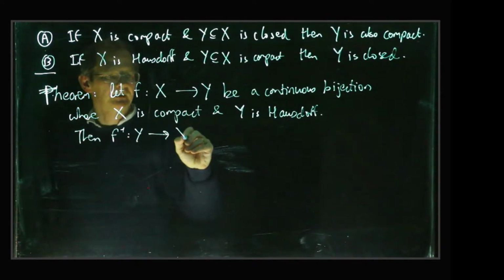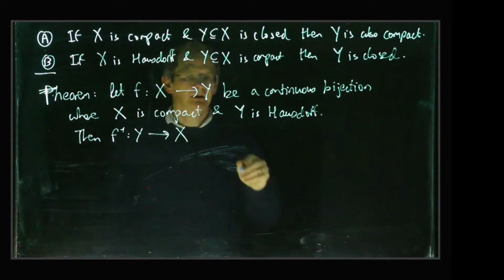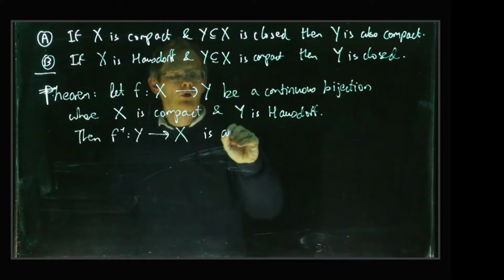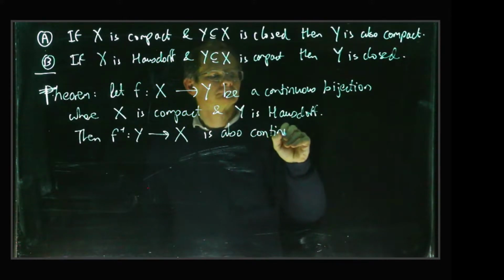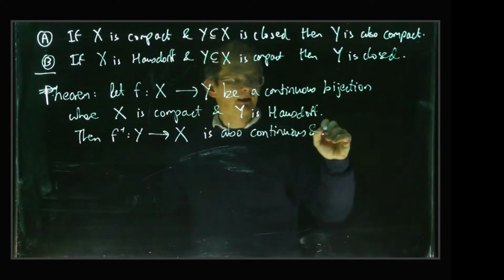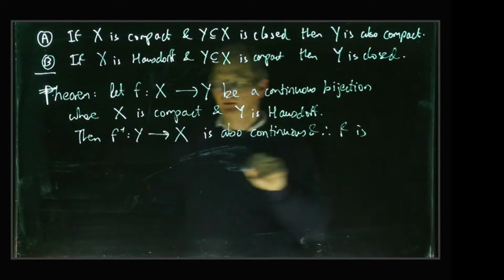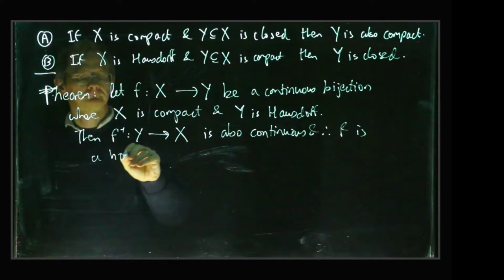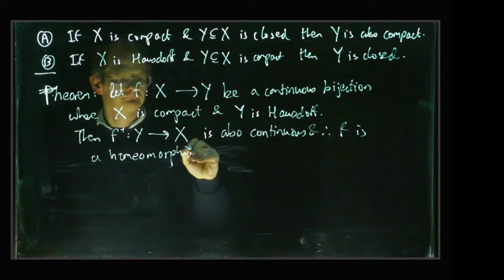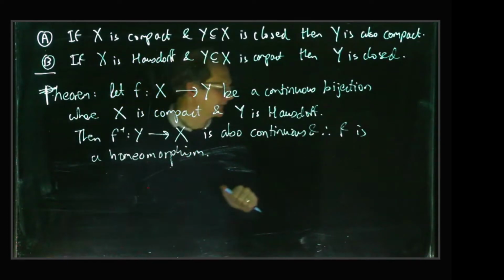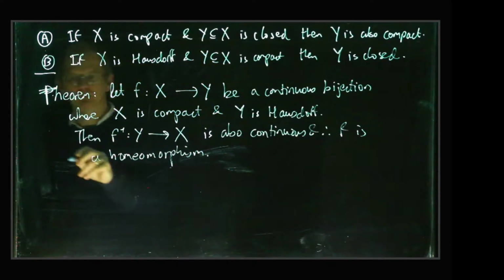Then the claim is that the inverse map is also continuous, and therefore f is a homeomorphism. Okay, so that's the main thing we're going to prove in this video.